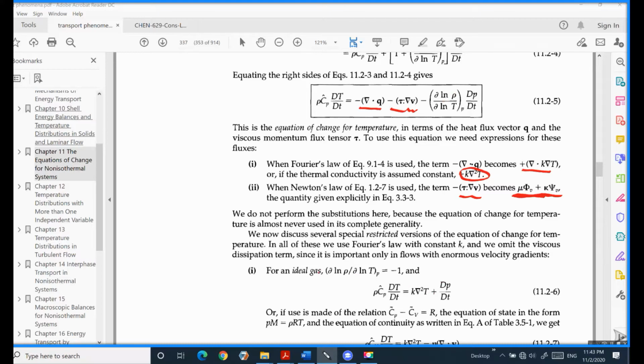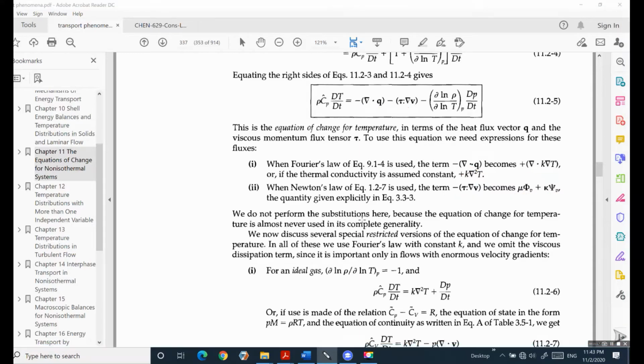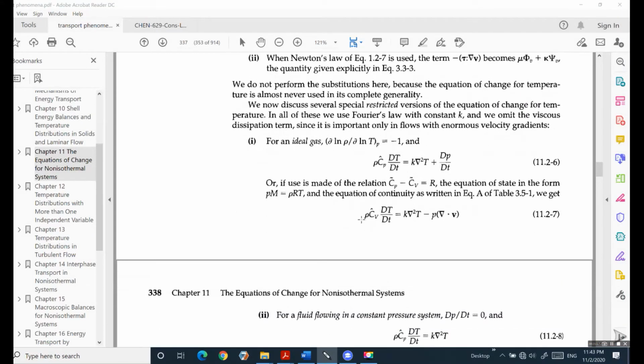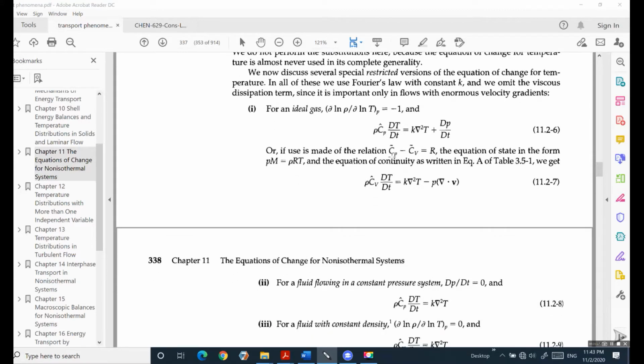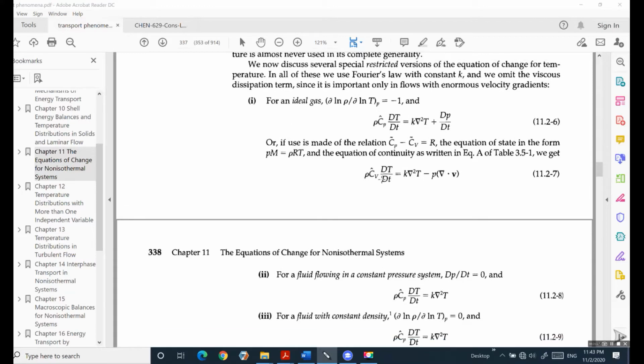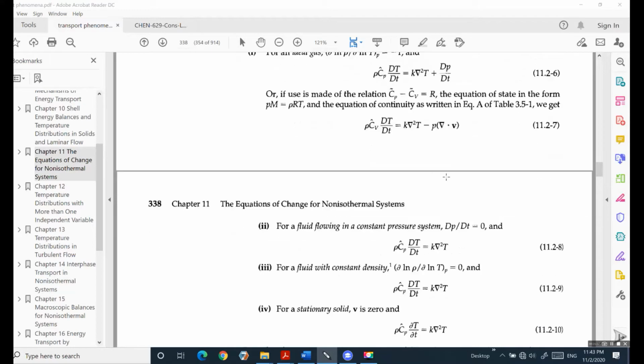And for the ideal gas, we also ignore this term here. This is the first special case we can write. Or in here we obtain this equation in terms of Cp, but we can obtain this equation also in terms of Cv, and we have another term that is kept here.